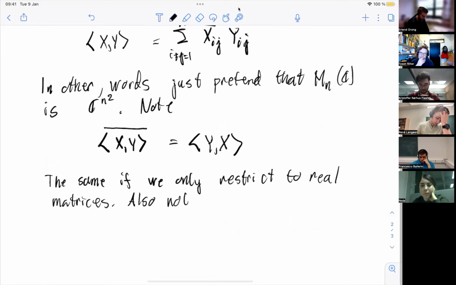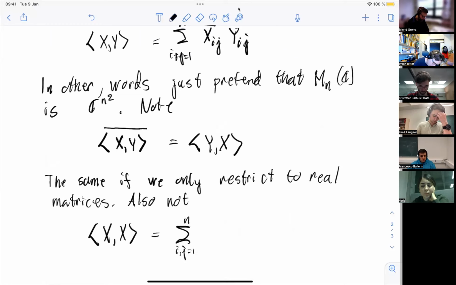Also note that if I take the inner product of X with itself, then I just get the sum of all of the entries, the modulus of x_ij squared, and this will then be greater or equal to 0.